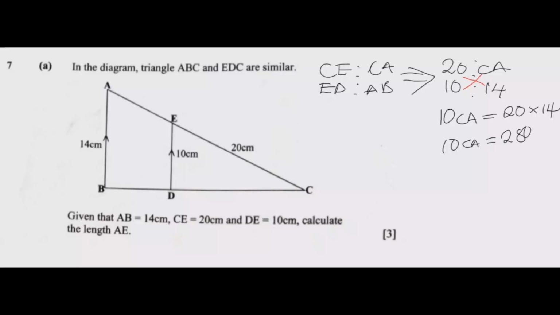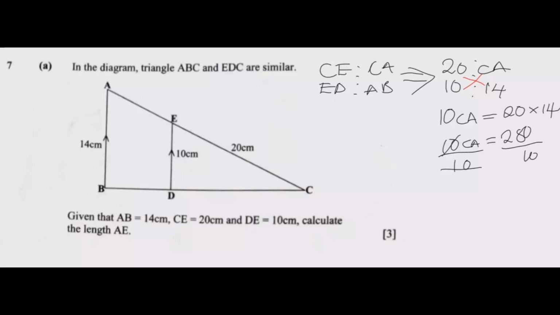Then we divide both sides by 10. The reason is we want to remain with CA on one side of the equal sign. So the 10 and the 10 cancel each other out.